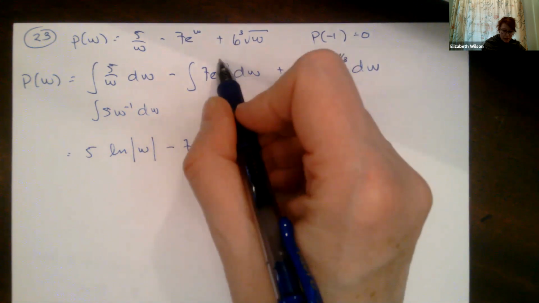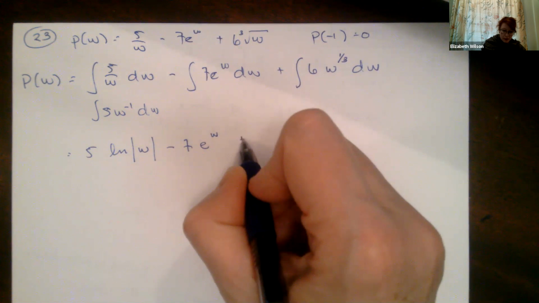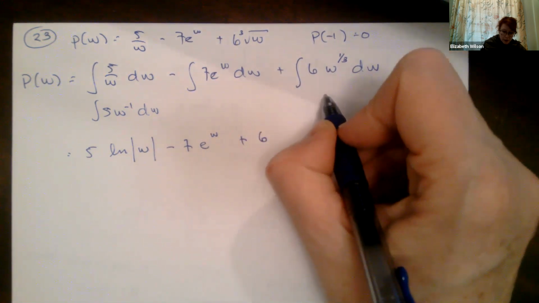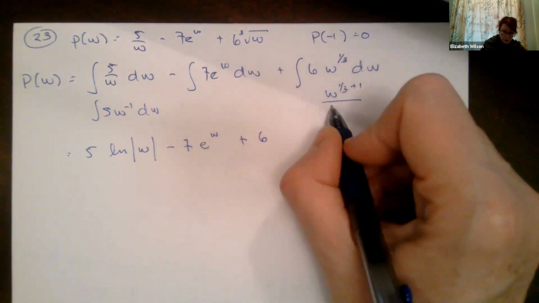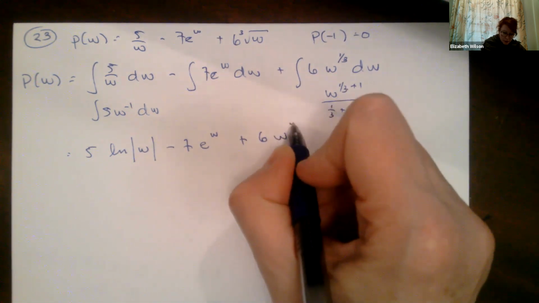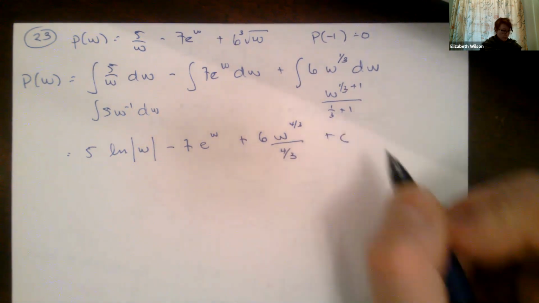My integral of e to the W is just e to the W. Then I've got 6 that I'm carrying through, and then this one becomes W to the 1/3 plus 1 all over 1/3 plus 1. So that makes this W to the 4/3 all over 4/3, plus C.